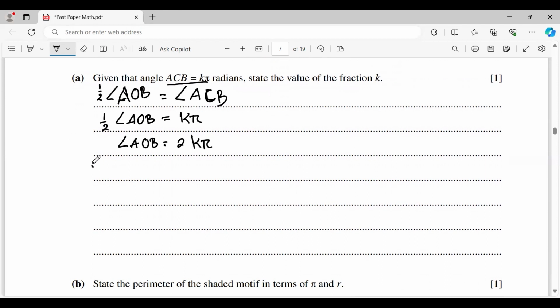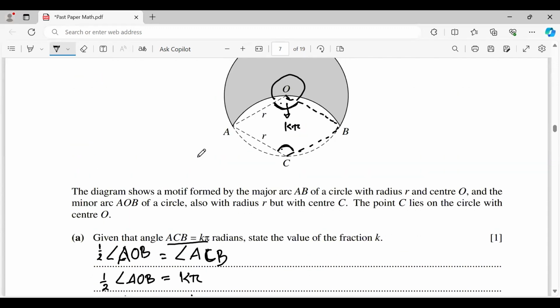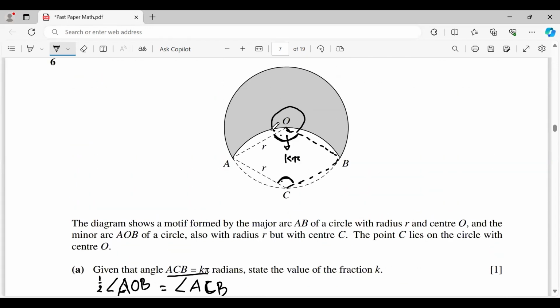So 2k pi plus k pi equals 2 pi, which equals the angle of one rotation. So one rotation is 2 pi or 360.